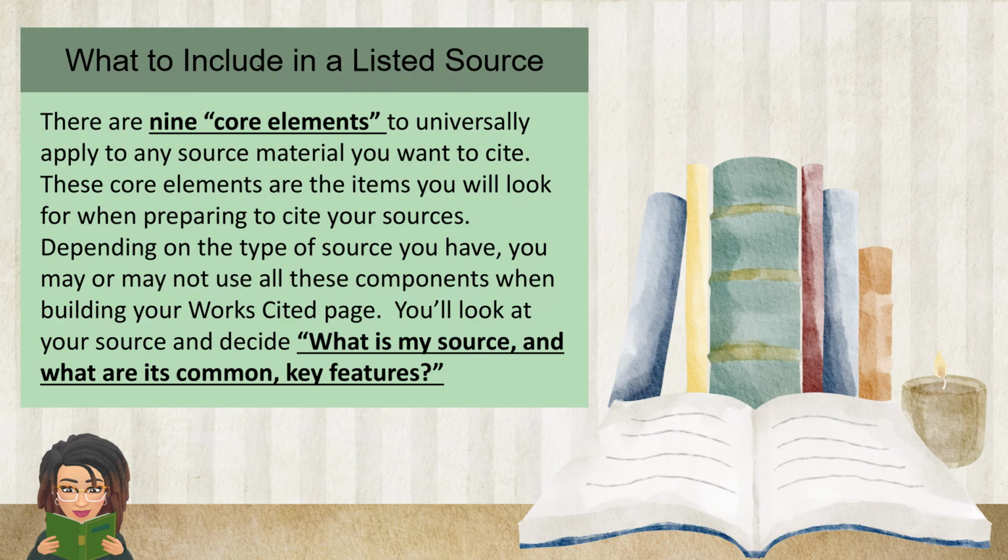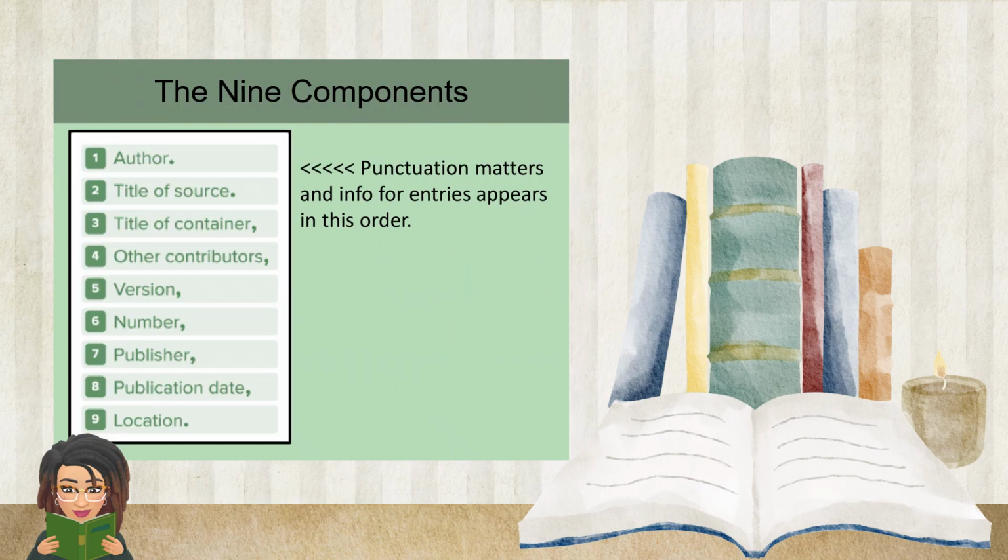However, there are 9 core elements to universally apply to any source material you want to cite. Notice that each of the components is in a specific order and has specific punctuation. Make sure each of these components is listed in this order with this punctuation.